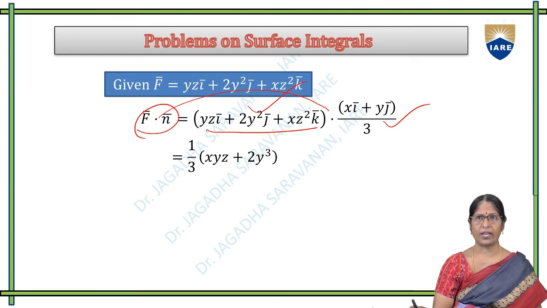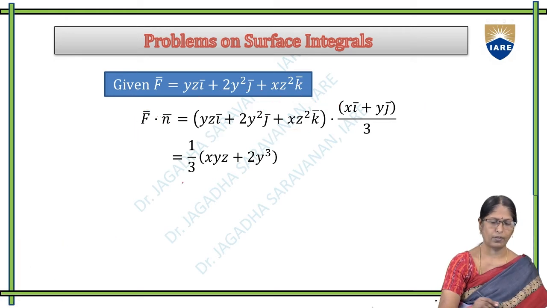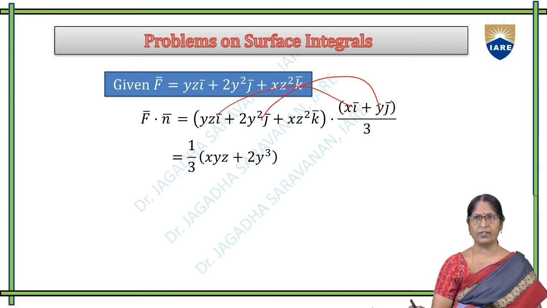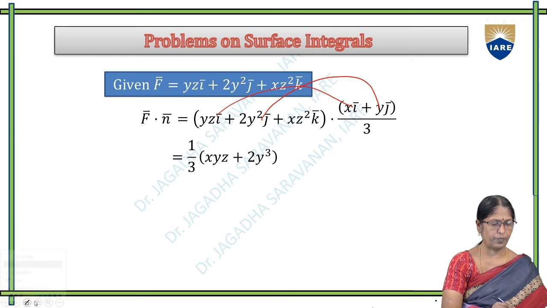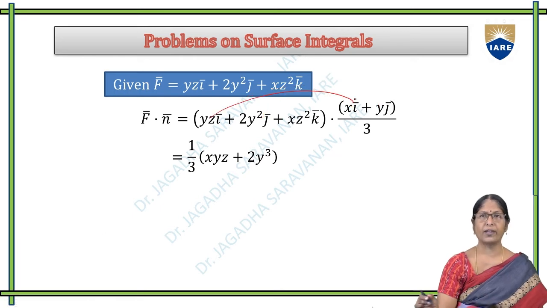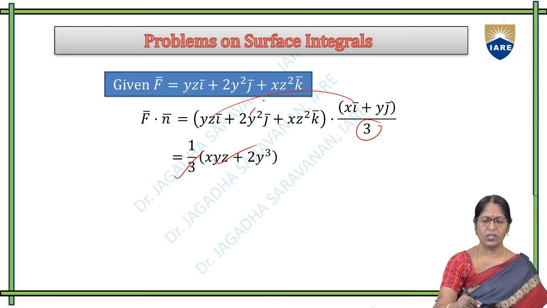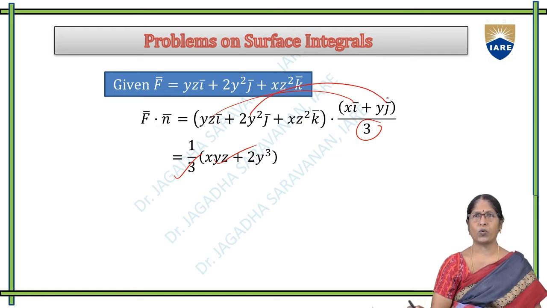The dot product is i dot i and j dot j exist, whereas for k there is no term at all, so it vanishes. Multiplying these, x, y, z, this 3 we have taken common out, 1 by 3. These two we multiplied, 2y² into y gives 2y³.